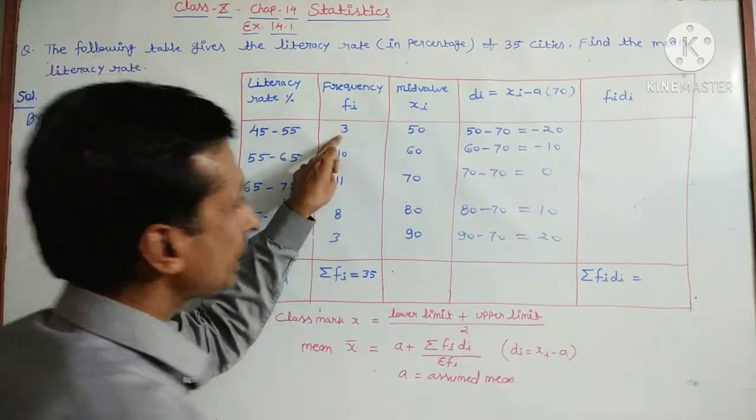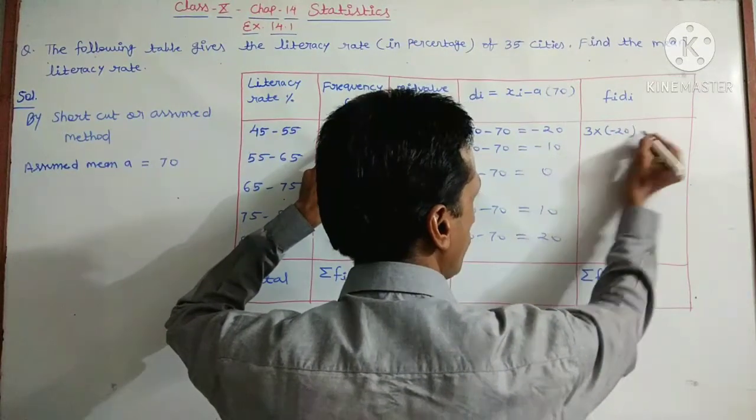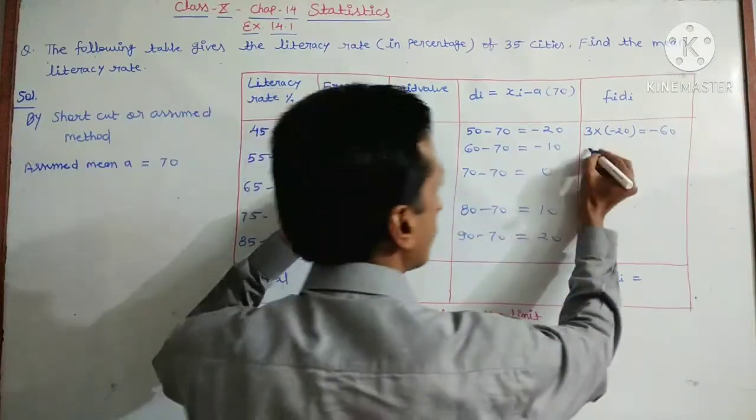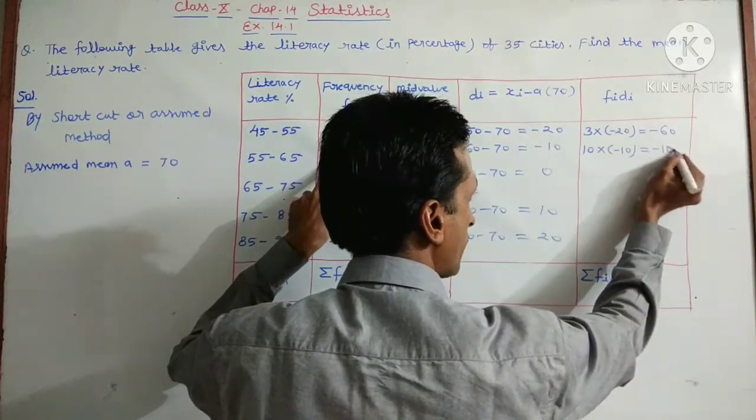So 3 into minus 20 is minus 60, and the next one, 10 into minus 10, how much? Minus 100.